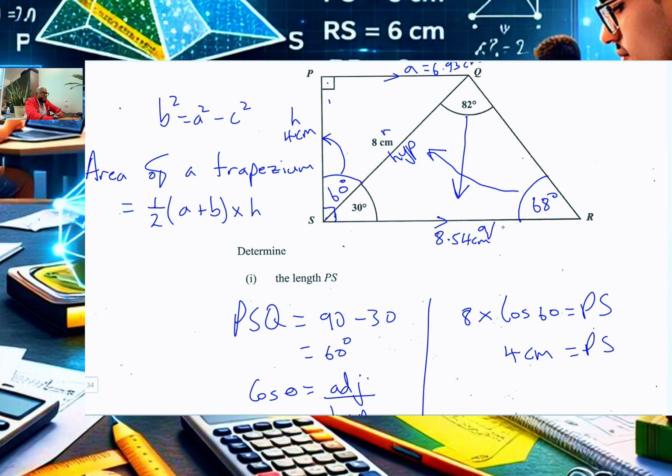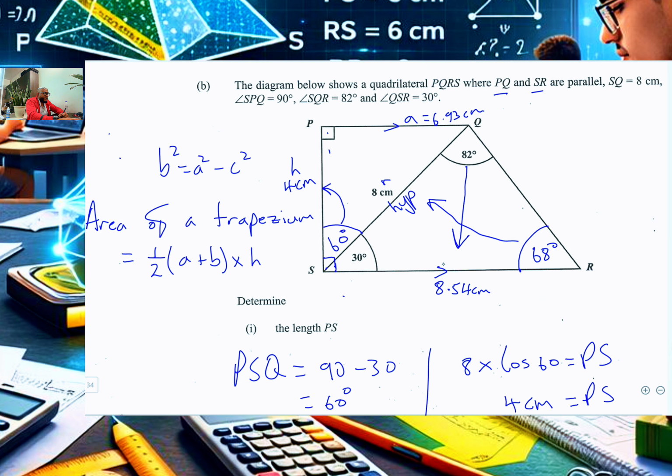We still need to find the area of this trapezium, right? How do we find it? It's going to be a half of A plus B multiplied by height, right?